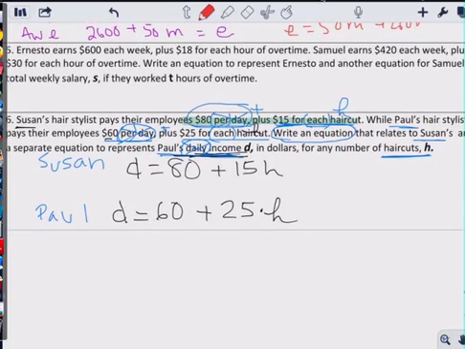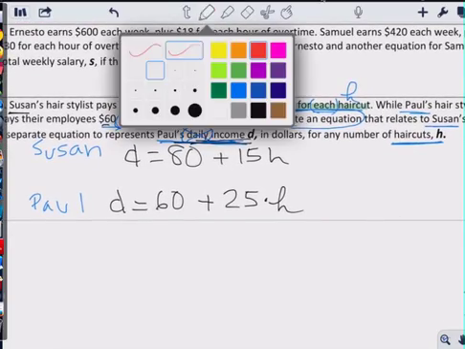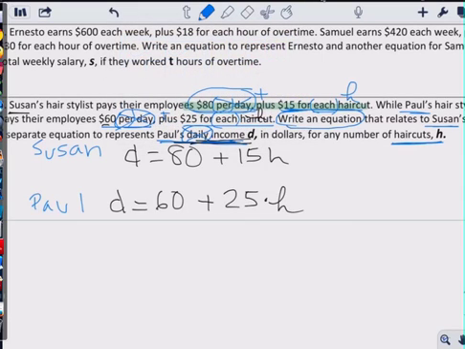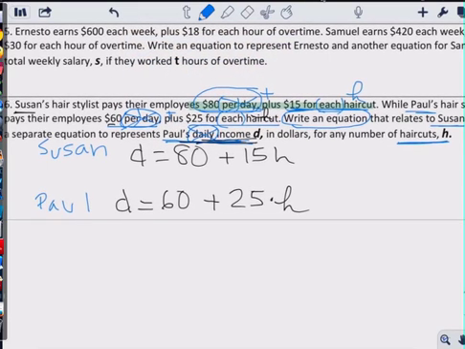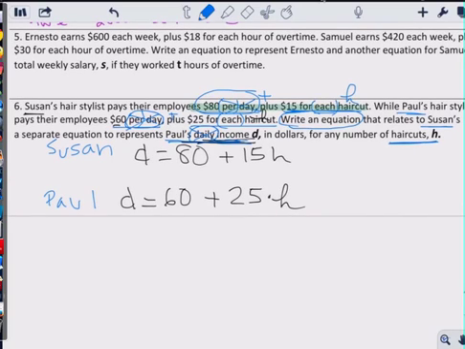Ernesto earned $600 a week plus $18 for each hour of overtime. Okay, each means times the number of weeks, plus $18 for each hour.